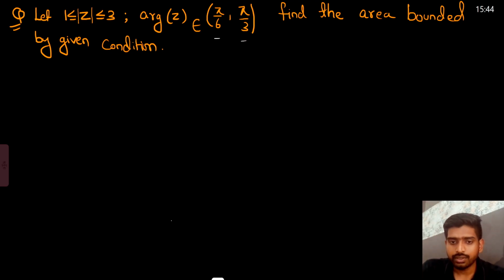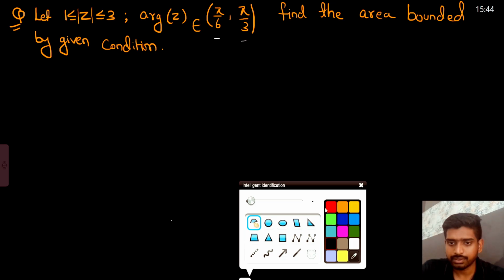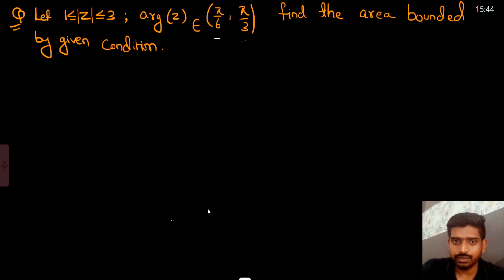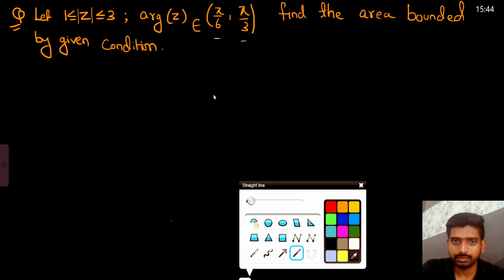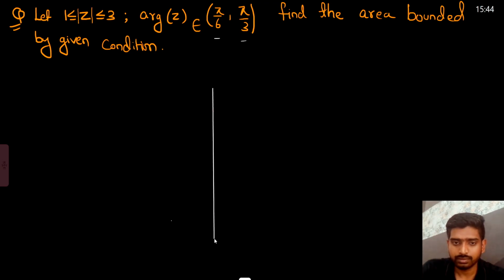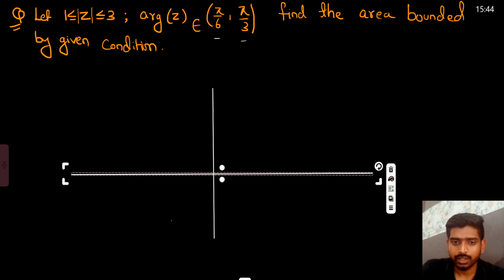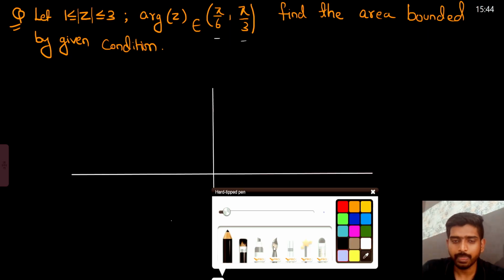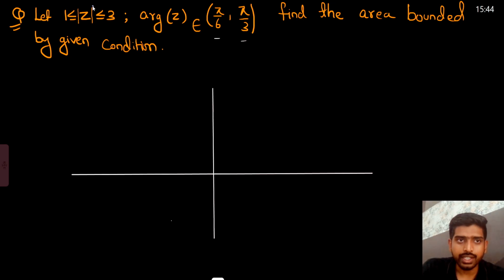So first, we'll try to sketch the graph. Actually, which region's area are they asking? If we draw the graph, first we will draw modulus of z greater than equal to 1.